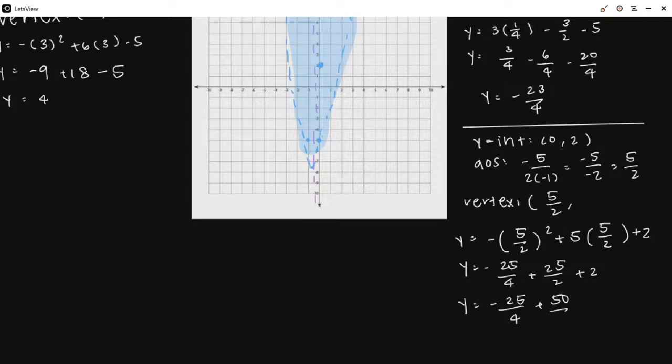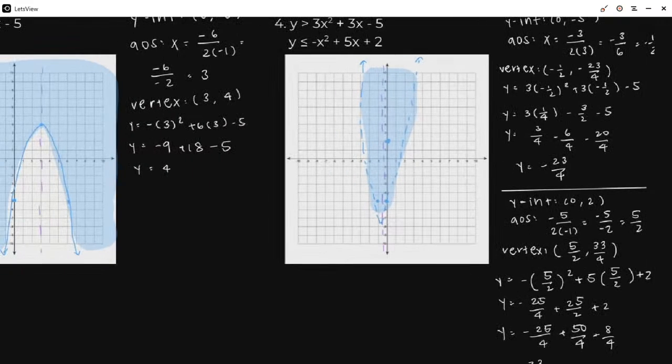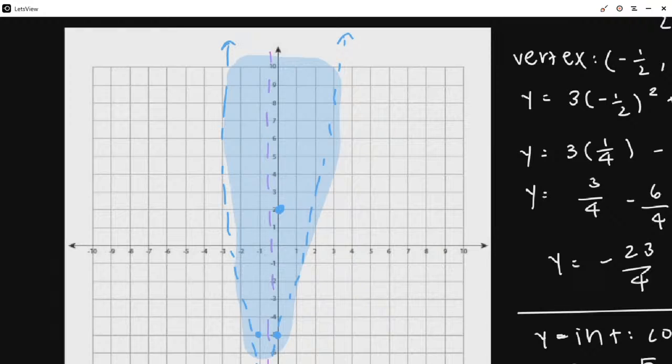So that's 50 over 4 and 8 over 4. So then we get 33 over 4. And that's going to be a little more than positive 8. So that is, okay, 5 over 2 is 2.5. So it would be somewhere here.